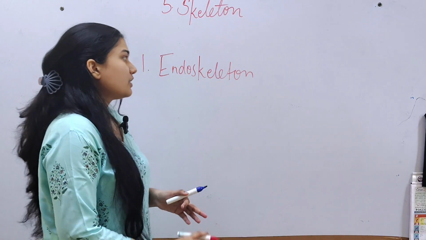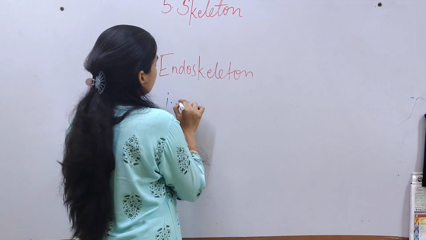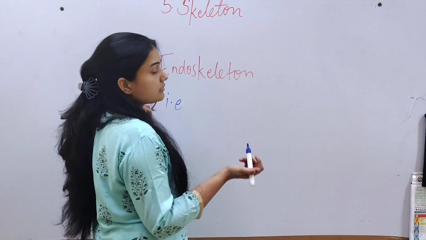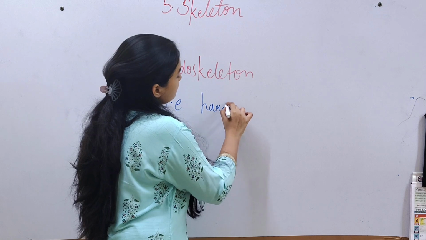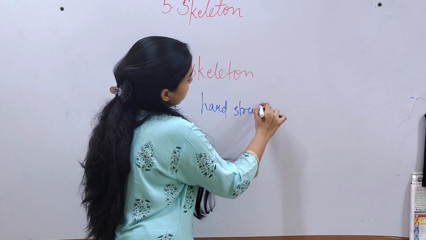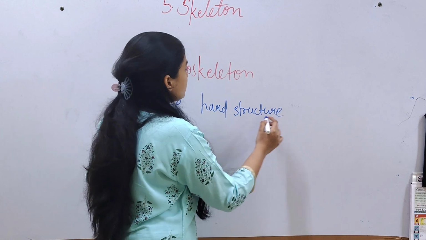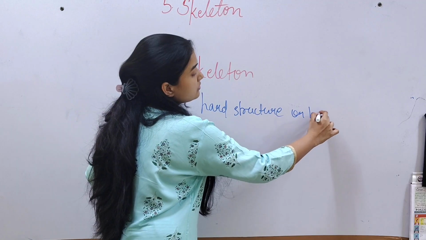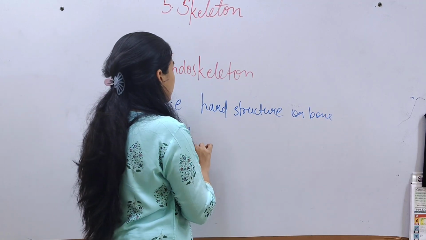Endoskeleton means a hard structure or bone found inside the animal body.